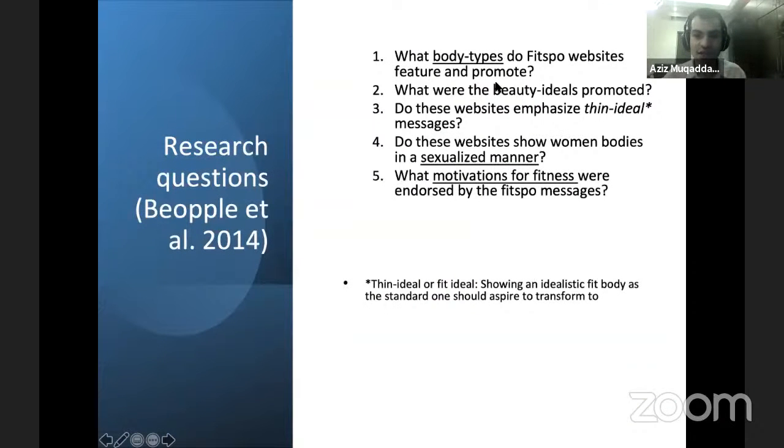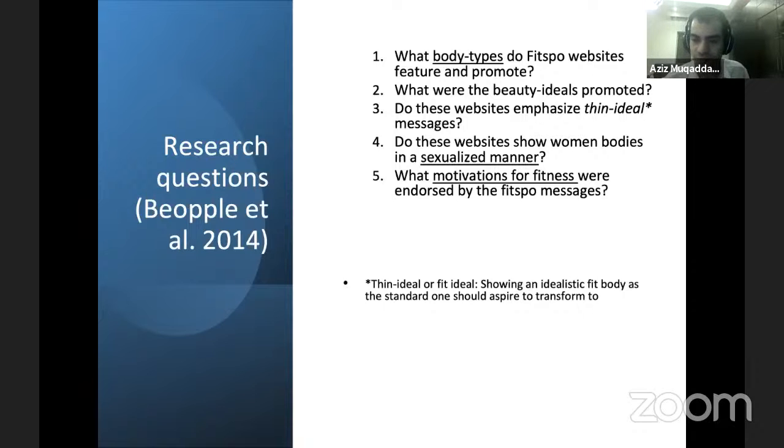So the research questions they have, there are 5 research questions. First, what body types do Fitspo websites feature and promote? Second, what were the beauty ideals promoted in those websites? Third, do these websites emphasize thin ideal messages?